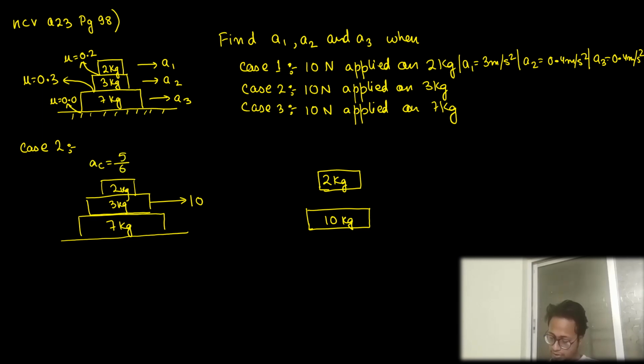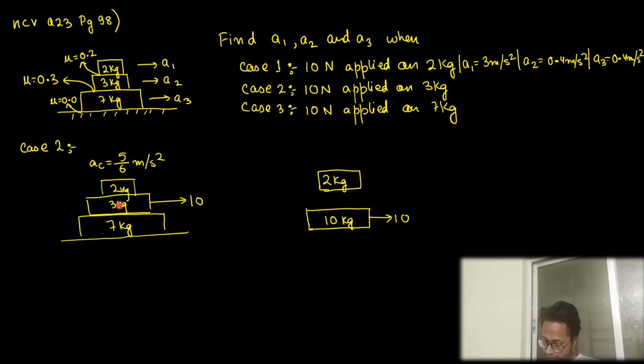I already obtained that in the previous part of the problem. What is the maximum value of acceleration? You have to find out the maximum value of acceleration out here. Why? Because in this body, 10 Newton is already applying the force.